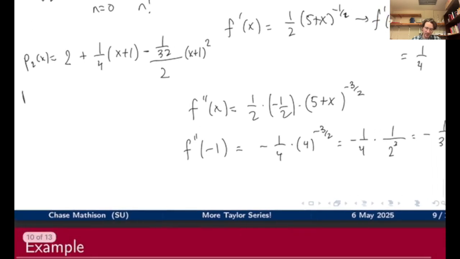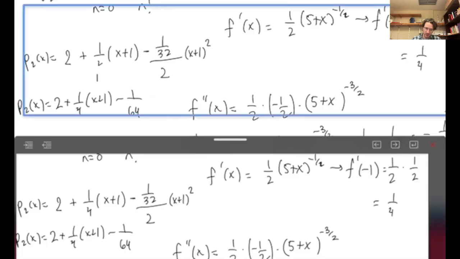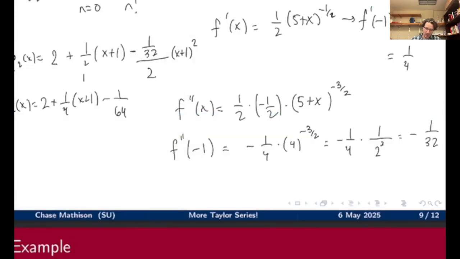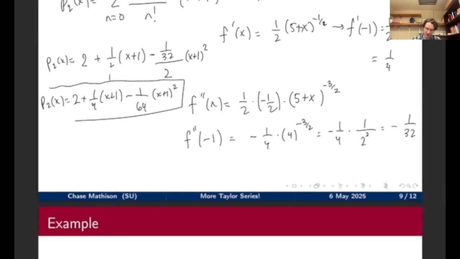Simplifying, P2 of x equals 2 plus 1/4 times x plus 1 minus 1 over 64 times x plus 1 squared. Leave it like that. Don't expand the square. It's perfectly fine to leave it that way.